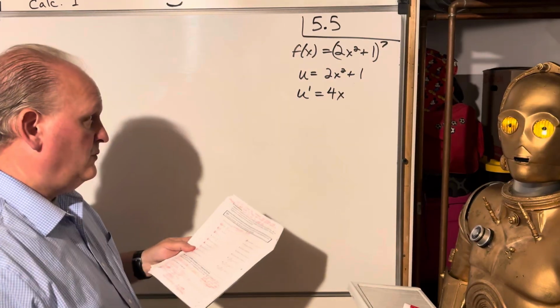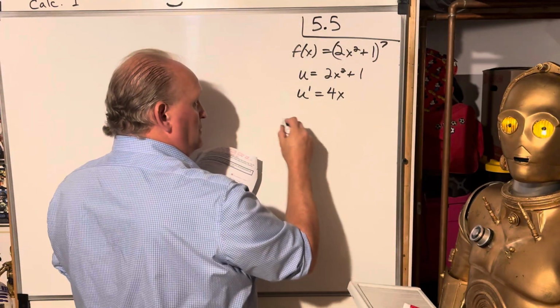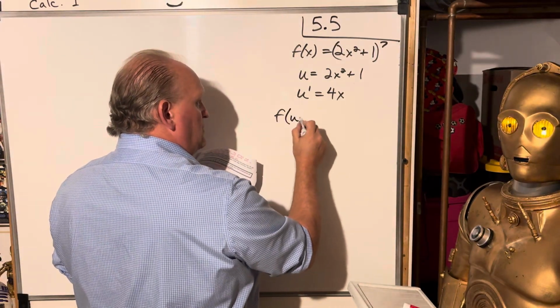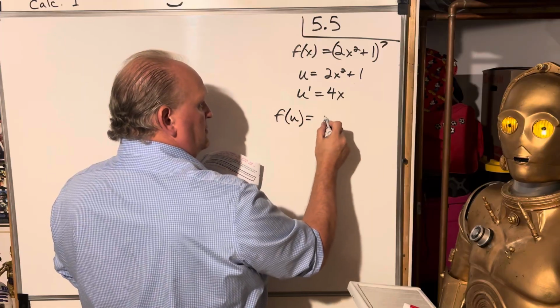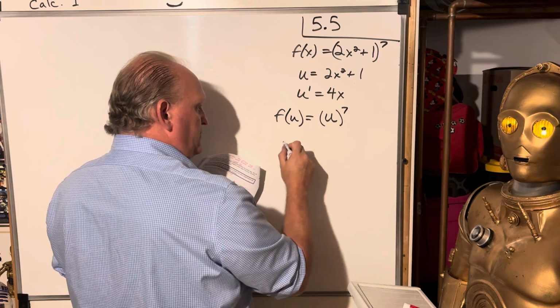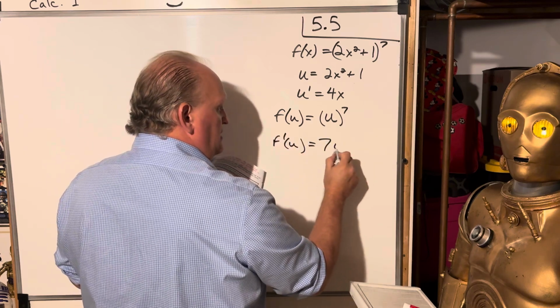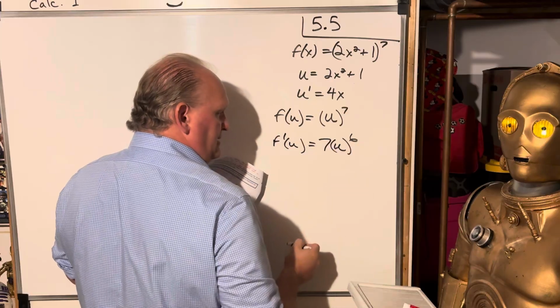And then we would do the derivative by using the power rule. We kind of say f of u is equal to u to the 7th power.